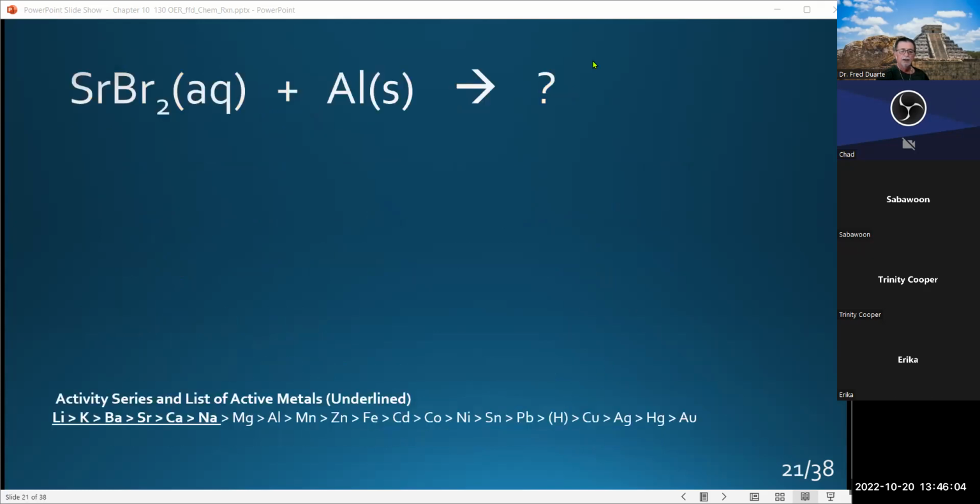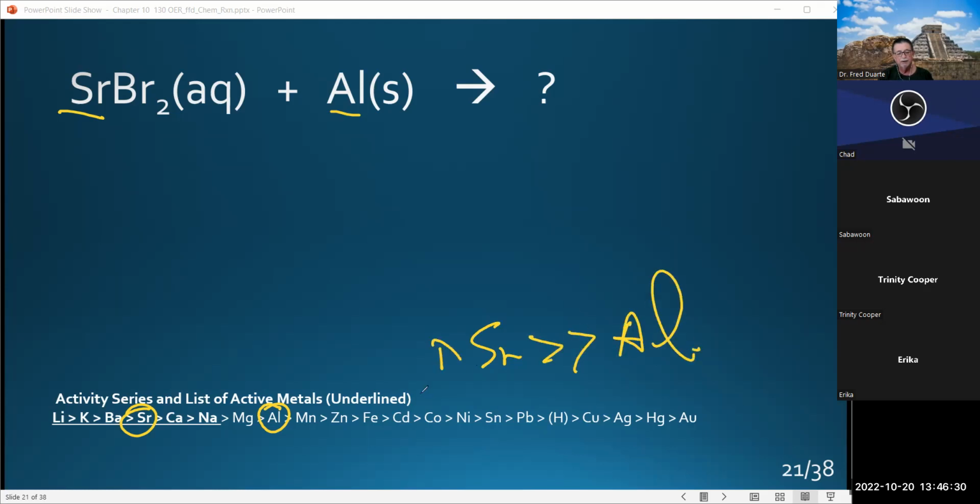All right. So here we have strontium bromide and aluminum. So identify the metals that you're working with. Okay. And here's aluminum and here's strontium. And so we have that Sr is more reactive than aluminum. Okay.